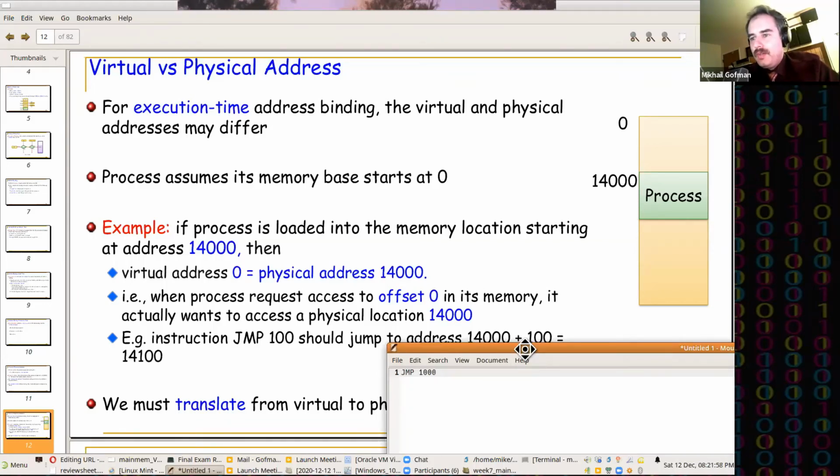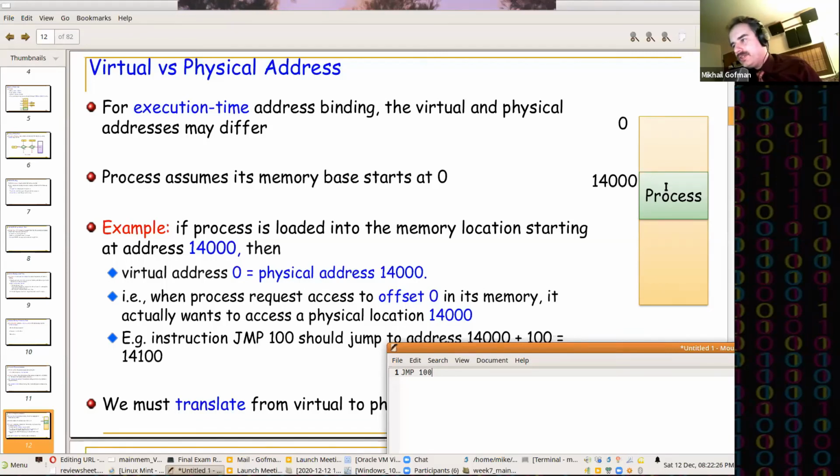So in runtime binding, typically all of the addresses will be virtual. So when the process says, I want to jump to location 100, it is referring to location 100 starting from the beginning of its address space. The process itself has absolutely no clue where in memory it is stored, nor does it care.